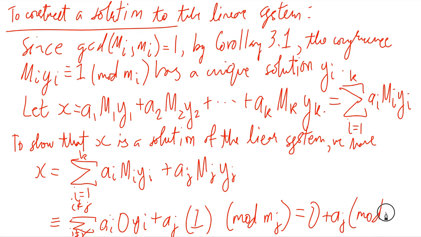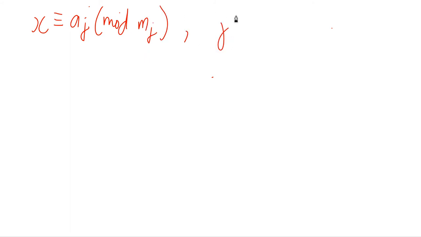I think we need to use another slide for that. Moving on, we can say that x is congruent to a sub j mod m sub j. Again, this is for all the j's between 1 and k inclusively.